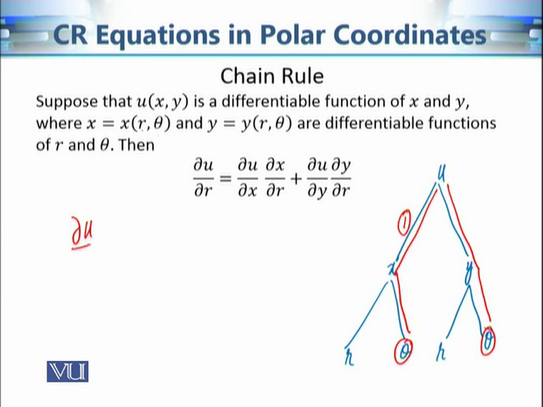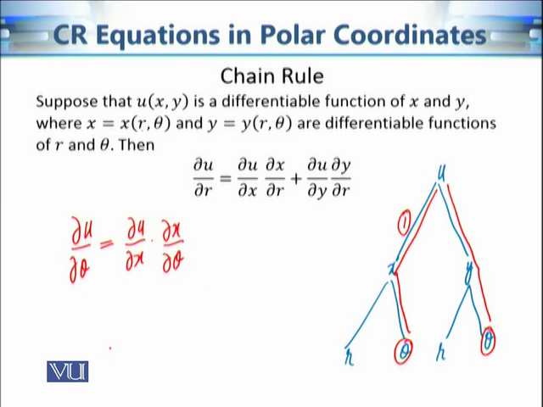We are calculating partial u by partial theta. In the first branch we have partial u by partial x, and then partial x by partial theta. For the second branch, plus partial u by partial y multiplied with partial y by partial theta.